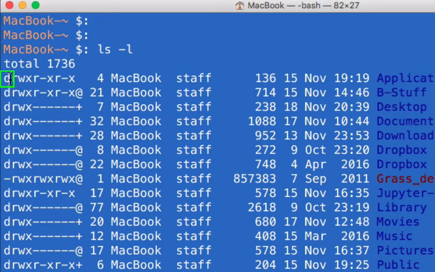Okay, the first one is just telling you whether this is a file or a folder, a directory. So if it is a D, it means that this one here is a directory, which means a folder. If this is not a D, but it is this minus character, it means that this one here is a file.